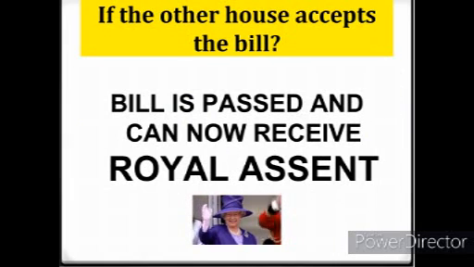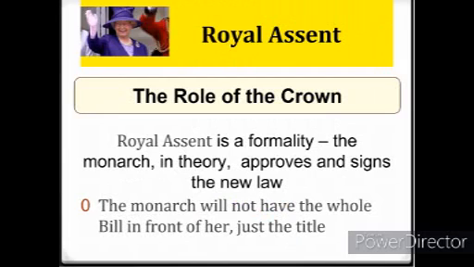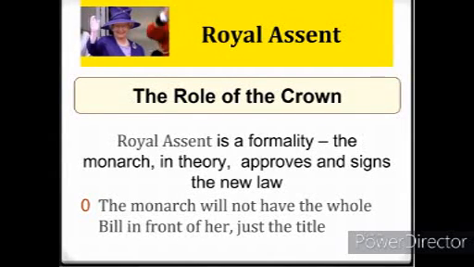If the other House accepts the bill, it is then passed and can receive Royal Assent. So Royal Assent is pretty much a formality and is bestowed by the monarch, and in theory she reads it and approves it and signs it.